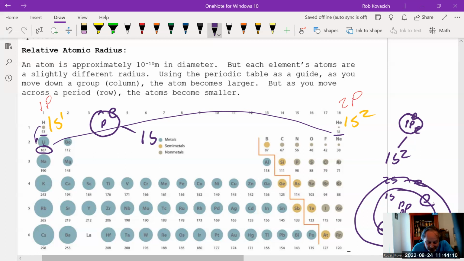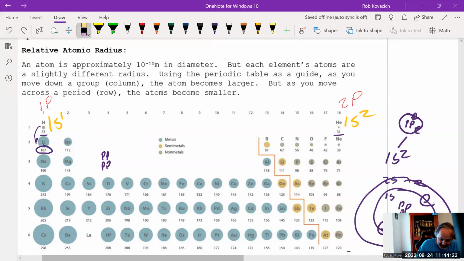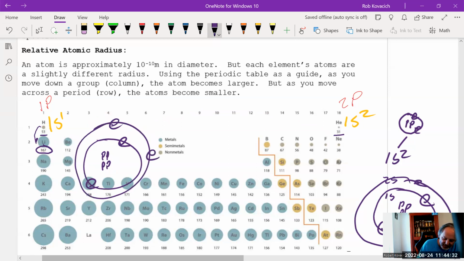But what happens when I move over to beryllium? So beryllium has 1, 2, 3, 4 protons. Its first 2 electrons are in the same place they always are, in the 1s. Its next 2 electrons are in the 2s.